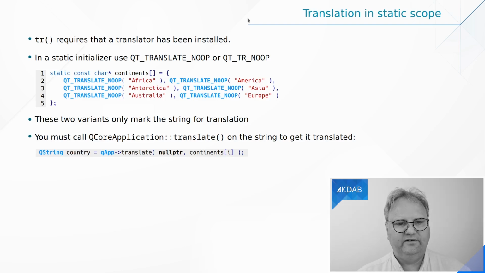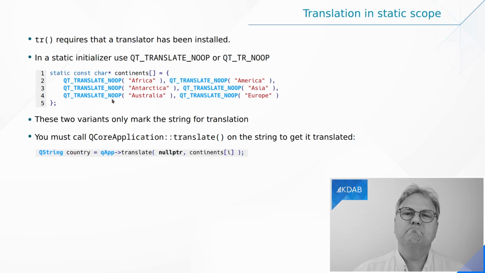And if that's the case, then you need to mark them for translation using QT_TRANSLATE_NOOP, saying, I would like my translators to translate Africa, but it will not do anything. This function will just return the string Africa entirely untranslated, because at the time that this static variable is initialized, I have still not set up my translator.